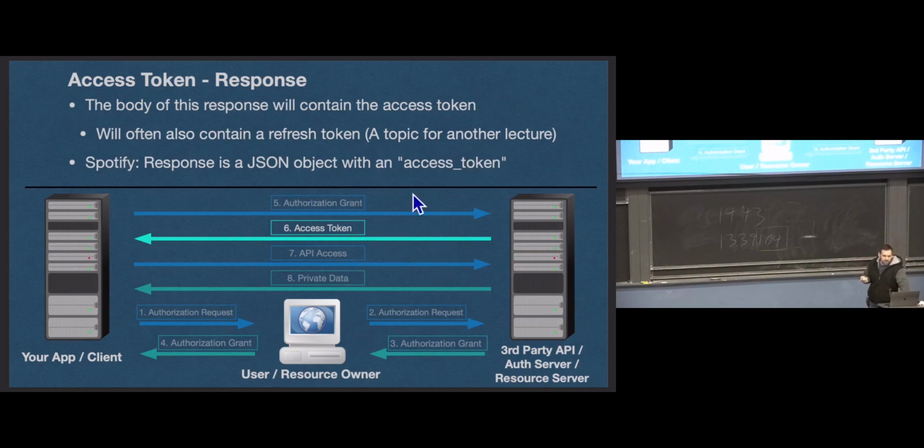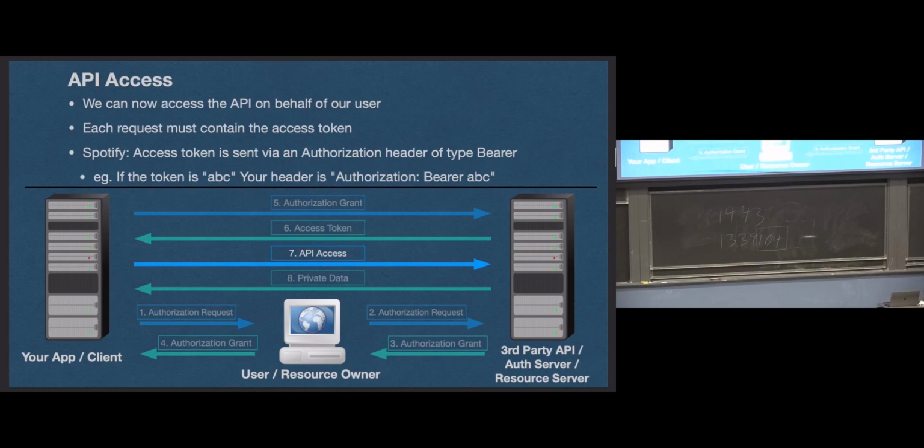So at this point, you're going to get your access token. And now, with this access token, we can start connecting to this API on behalf of our users. Whenever we send a request to the API, and most APIs are going to do this, Spotify included, it's going to ask you to put that token in an authorization header of type bearer.